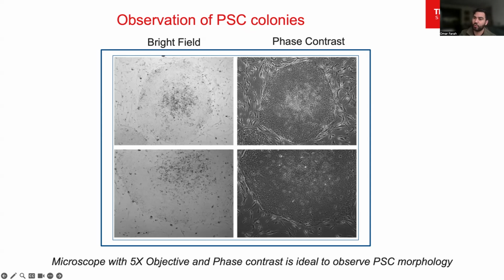Which again, to my point earlier about reducing variability as much as possible, will help you better understand and optimize your cultures. But when it comes to the cells themselves, right, the kinetics of how they grow might be different. So different cell lines might be proliferating faster than others. Certain cell lines, you'll see even their morphology will be slightly different than others.